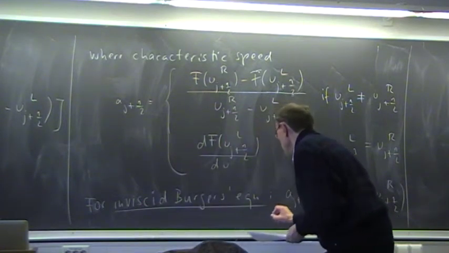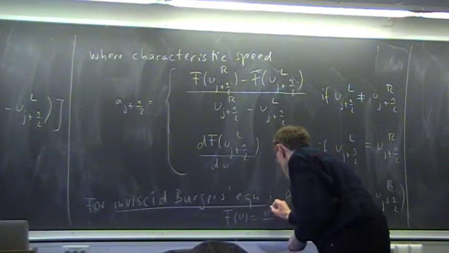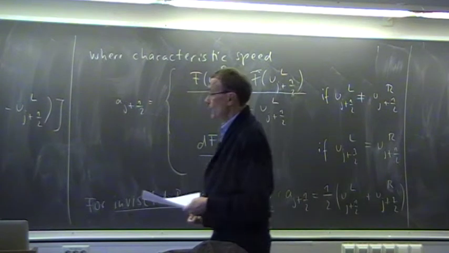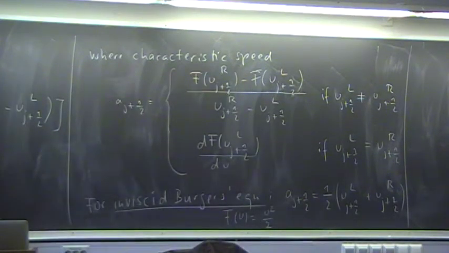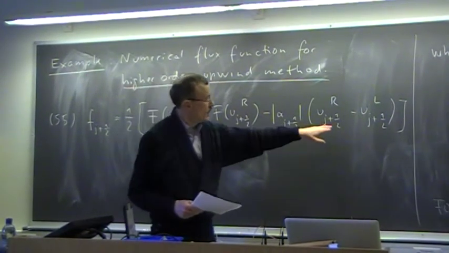Our flux function is f of u, which is u squared over 2. So then we have everything to evaluate the numerical flux here. So this is then uj plus 1/2 left squared over 2 plus uj plus 1/2 right squared over 2 minus this average over there, times the difference.